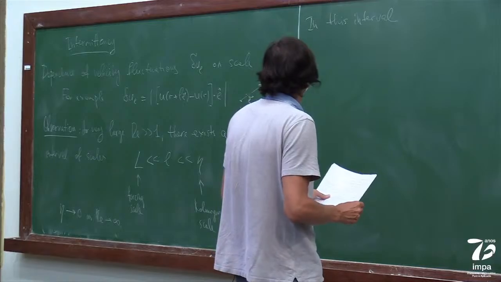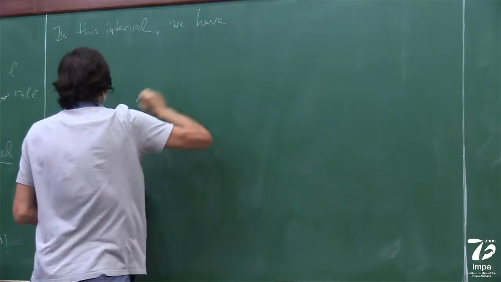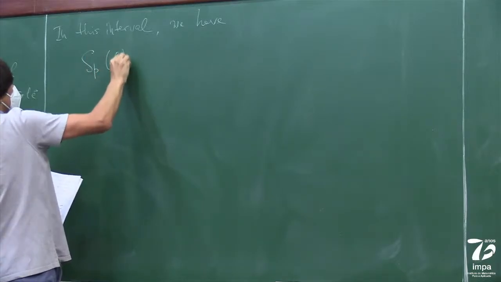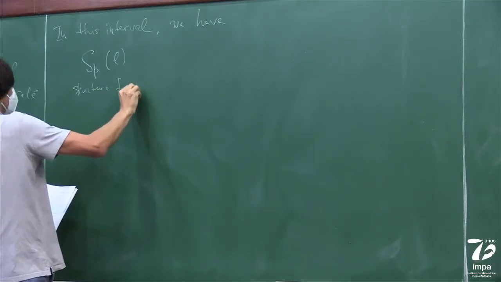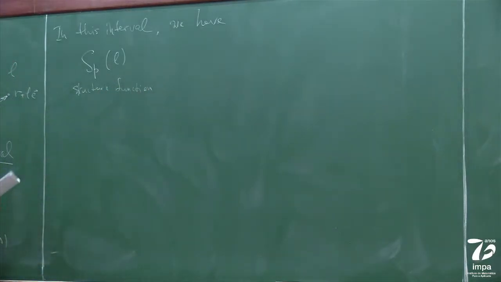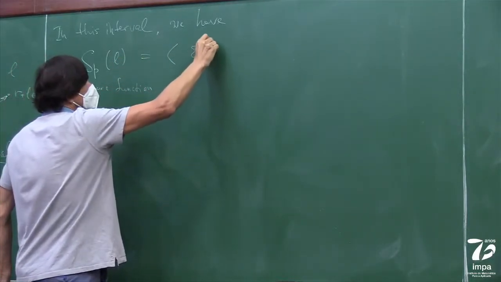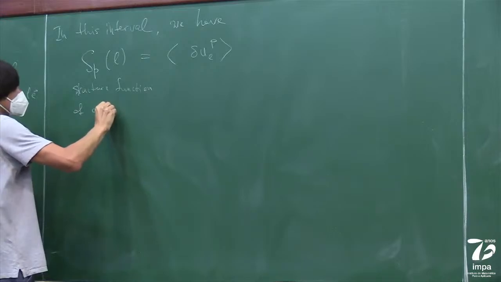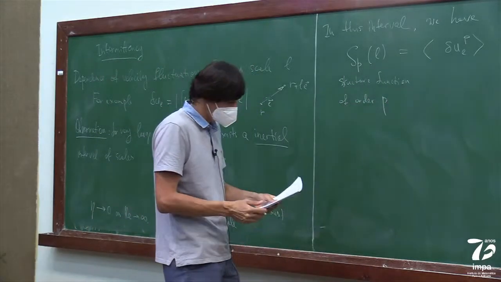So in this interval, we have what's called the structure function. The structure function of order p, so a different order, where usually p is a positive integer, is defined as the average of the velocity fluctuation to the power p.